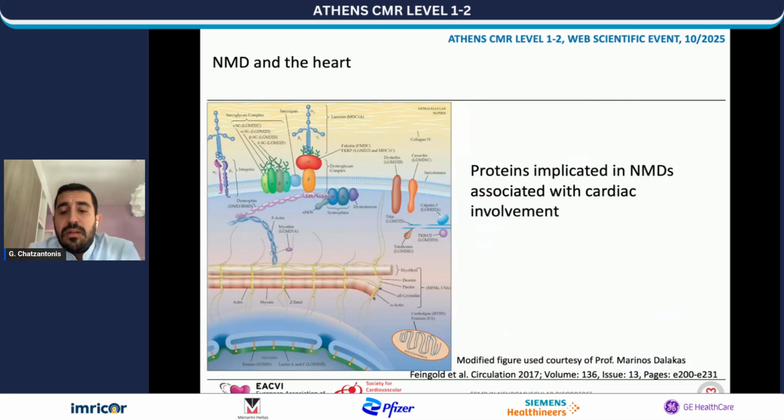As nicely depicted by Professor Marinos Dalakas, there are many proteins implicated in the NMDs associated with cardiac involvement. If one pathway doesn't work, it begins with problems in our patient in the skeletal, but also the cardiac muscle.